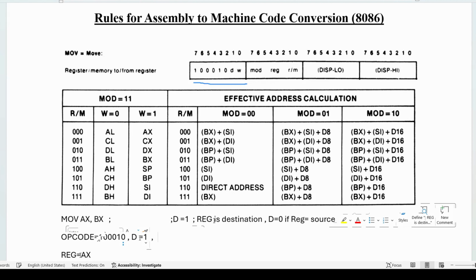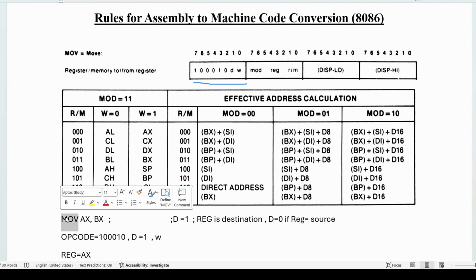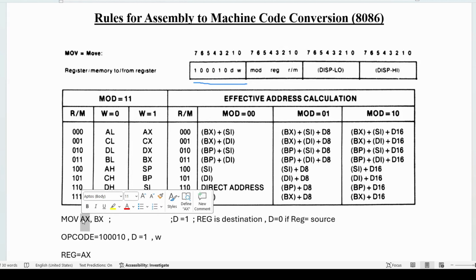Next thing is W. W is the size of operation. Size of operation means how many bytes are affected by this instruction. This instruction is move, so you are going to move certain bytes. If you look at the source, AX is a 16-bit register, which means you are moving 16 bits.